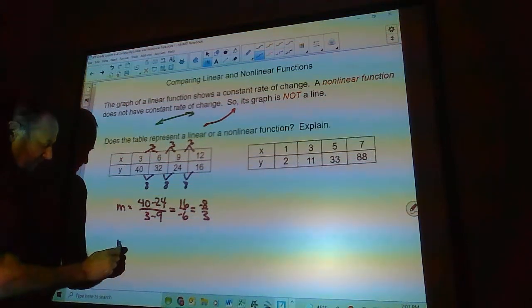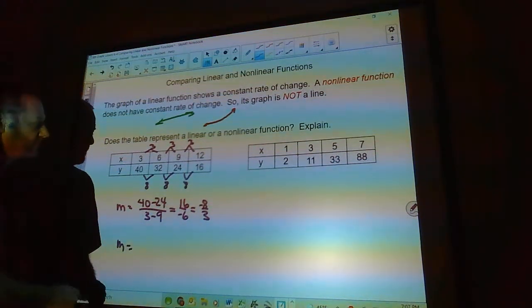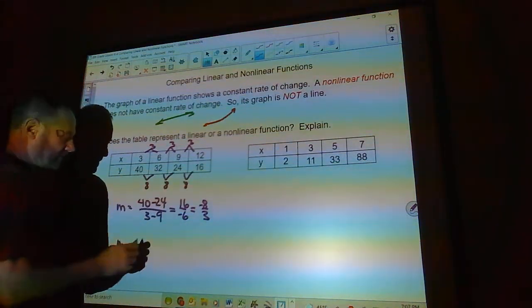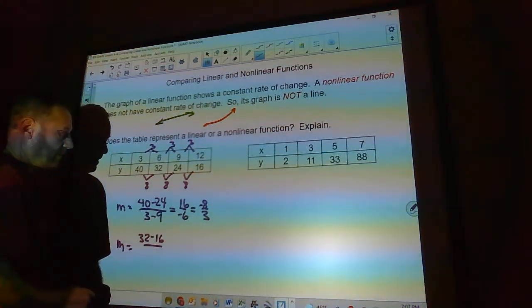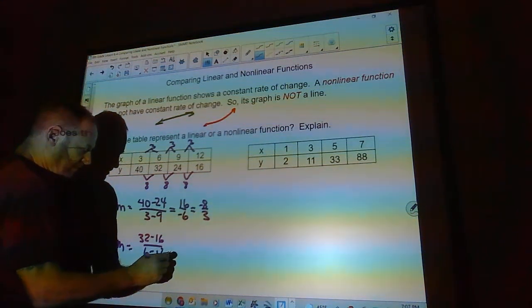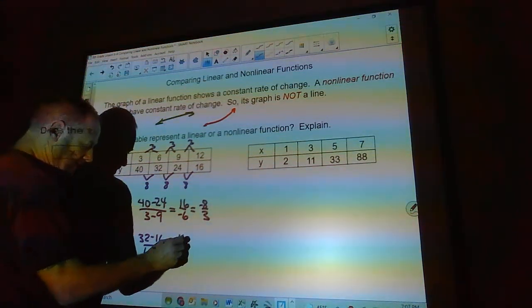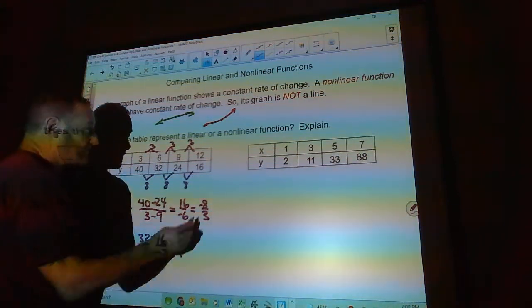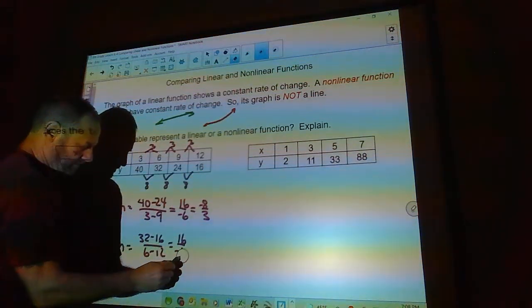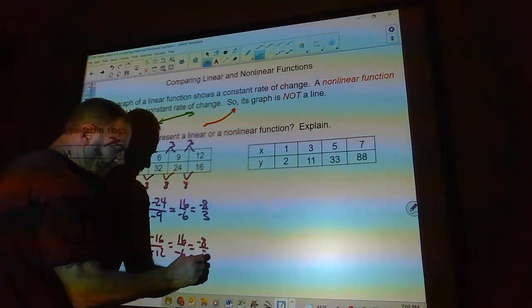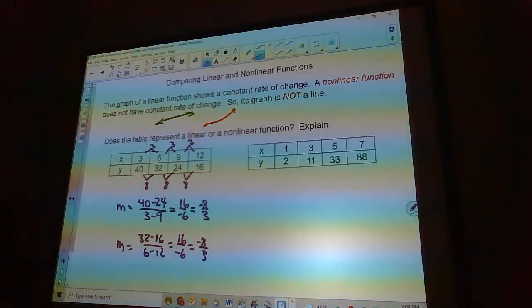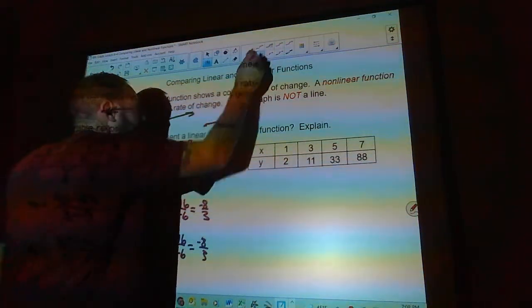Then if I chose a different set of points, say these two this time, that'd be 32 minus 16 over 6 minus 12. And again, I get 16 on the top and negative 6 on the bottom, which is negative 8/3. You could pick these two, or those two, and you're going to get negative 8/3 every time. So this is definitely linear.